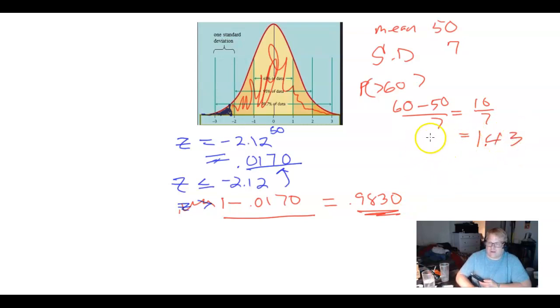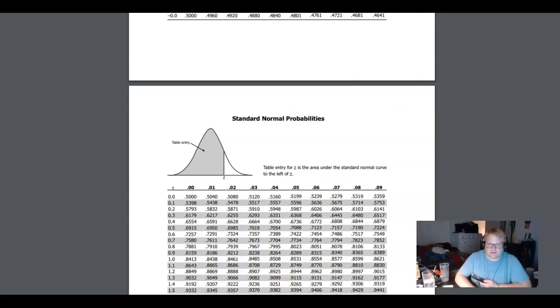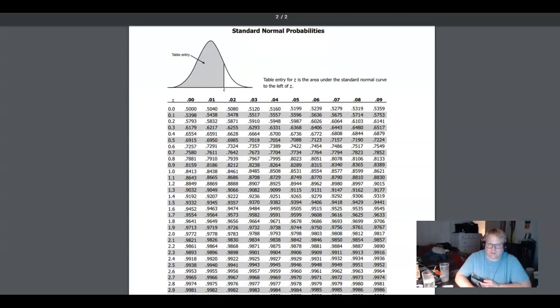That's a z-score of 1.43. So I go to my chart, and 1.43 is in the positives, and we knew that because we're past the mean, which is what this picture shows.